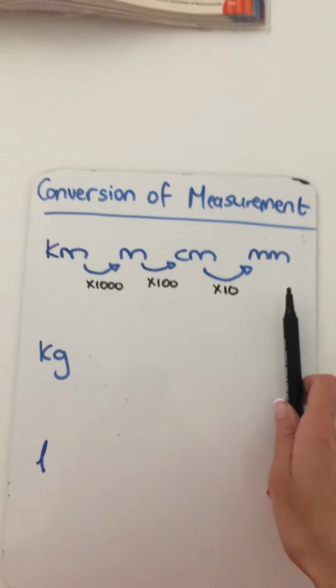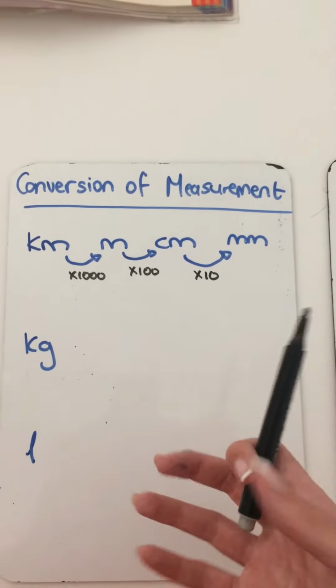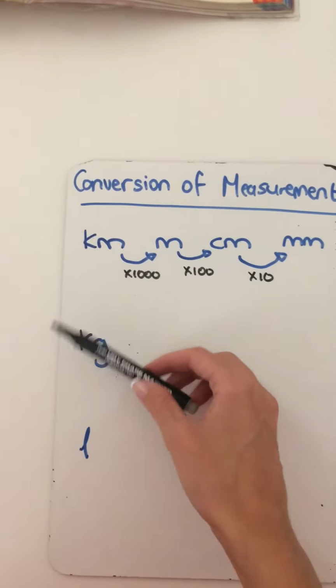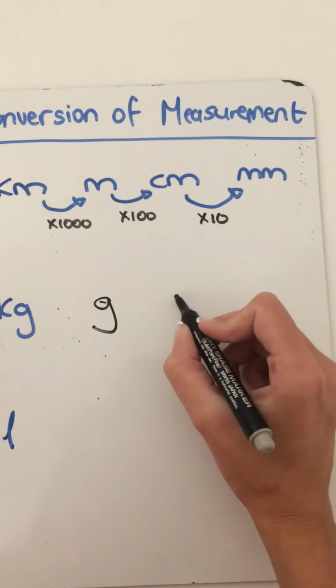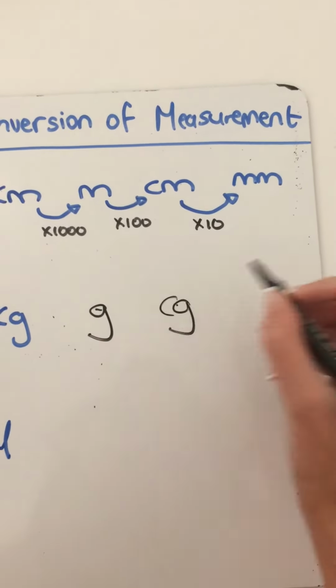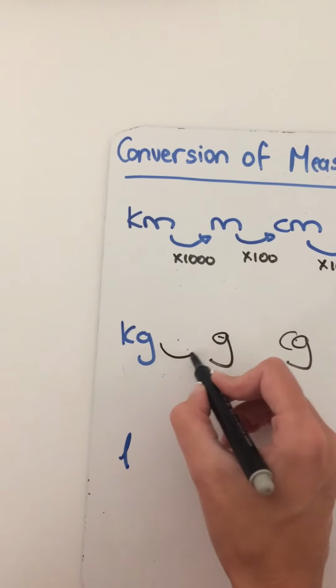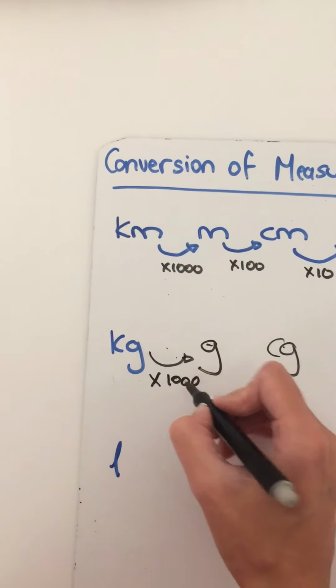The diagram also works the same, for example, with units of measurement that measure weight. For example, you have kilograms, then you have your grams, then you have centigrams, and then you have milligrams. And it works in the exact same way. Because there are 1,000 grams inside a kilogram, to get from kilograms to grams, you multiply by 1,000.